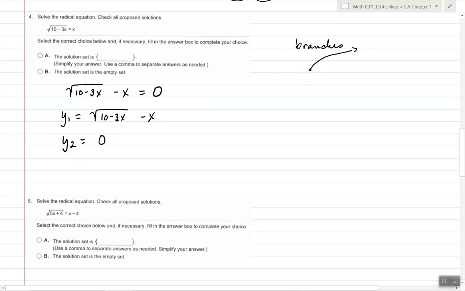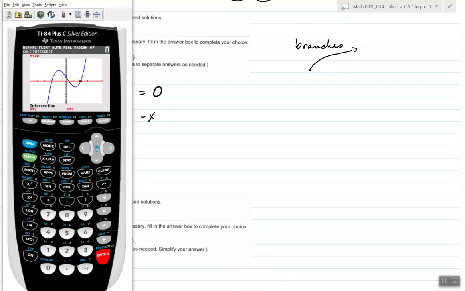So let's go to the y equals, and I want to show you, clear that first one, the square root key is the second of the x squared key. So when I do that, my calculator actually will type the radicand underneath there. 10 minus 3 times variable x.